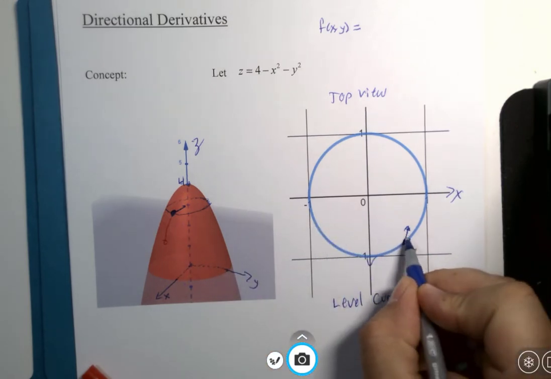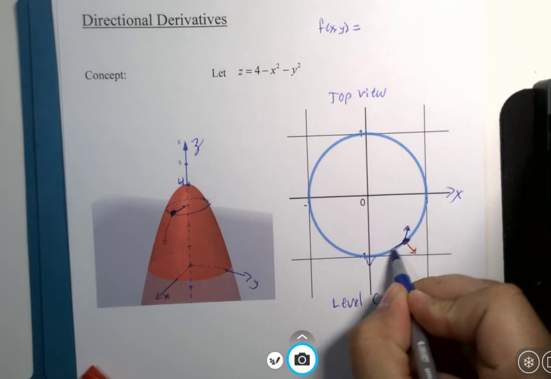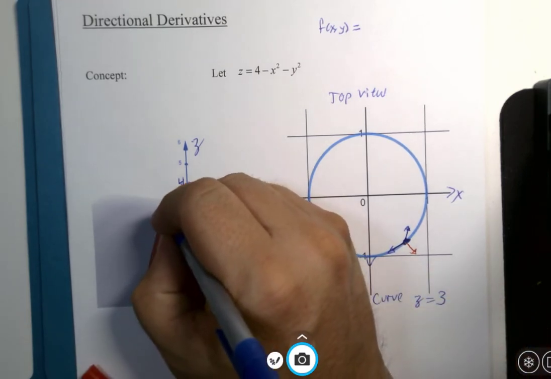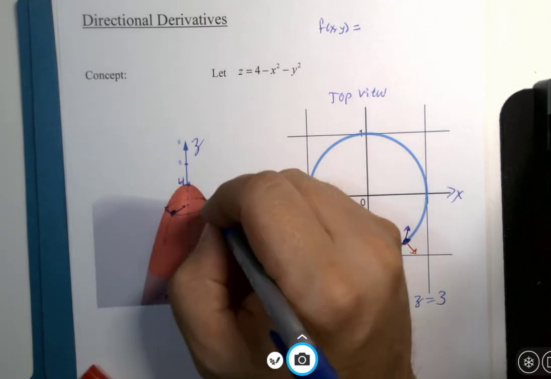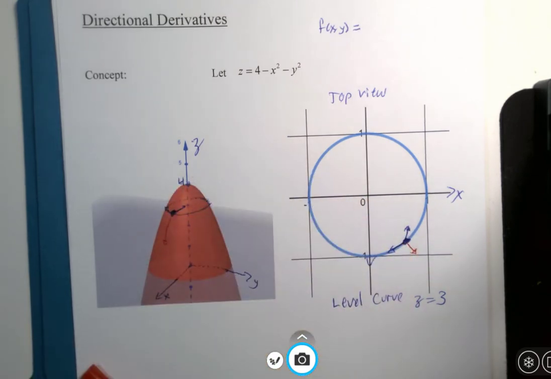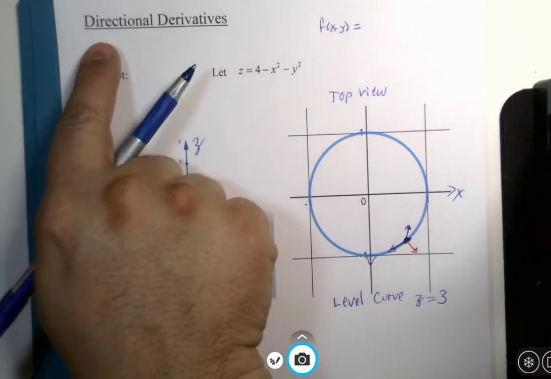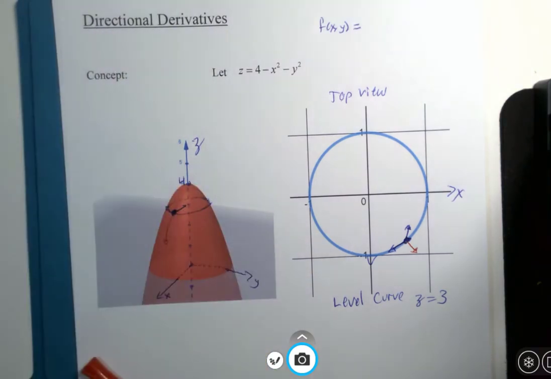If I was to aim like literally this way, I might be going around the edge of the paraboloid, like walking that actual circle. Depending on which direction you face, the slope on the mountain is going to be different.